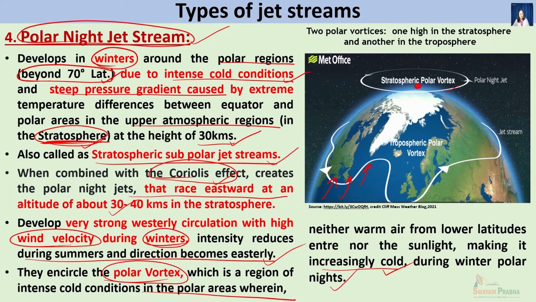So the intensity of these polar night jet streams also increases tremendously during the nighttime period in the winter season. So you can say that these polar night jet streams are upper atmospheric jet streams which are found in the stratosphere.